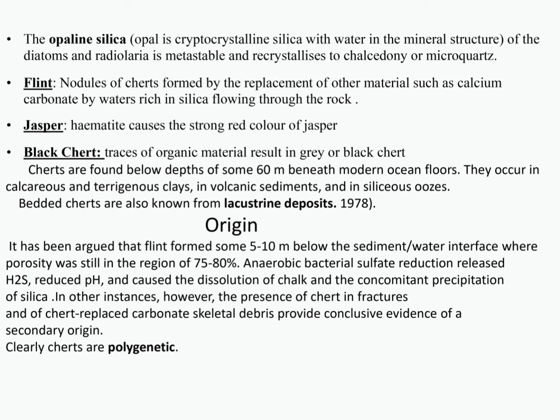Now we will discuss the origin of chert, how chert forms. It has been argued that flint formed some 5 to 10 meters below the sediment-water interface, where porosity was still in the region of 75 to 80%.